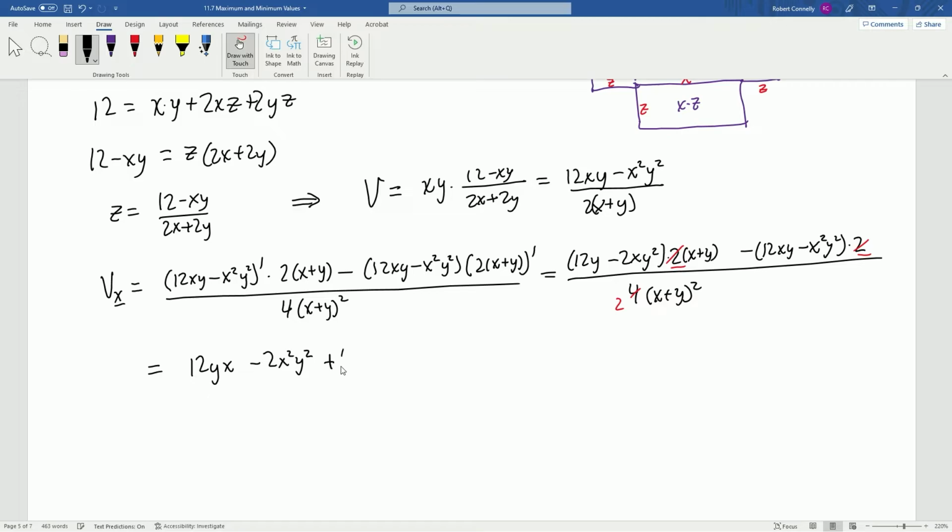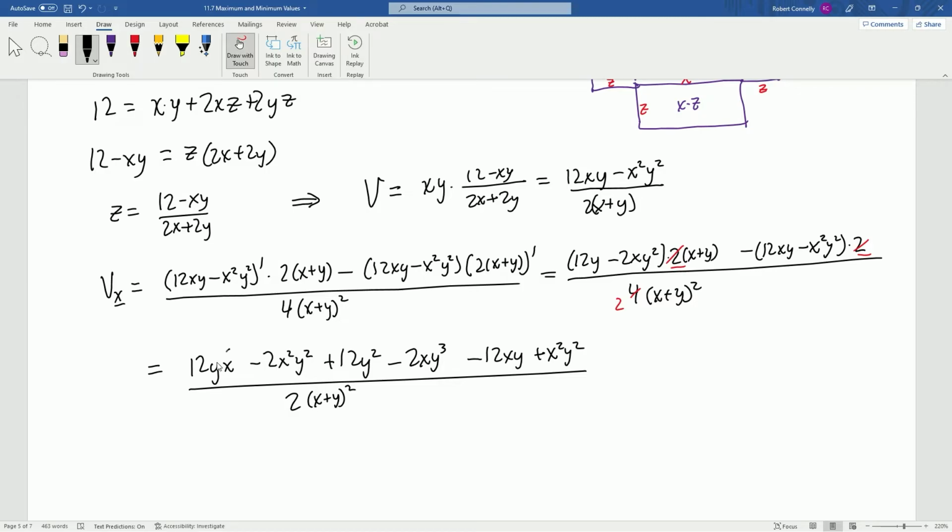So that'll be plus 12y squared, and this will be minus 2xy cubed, minus 12xy plus x squared y squared, all over 2 times x plus y squared.